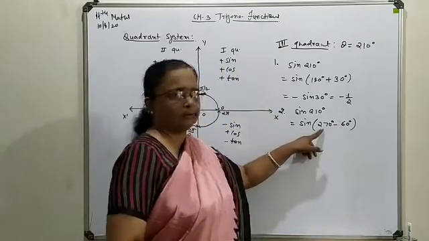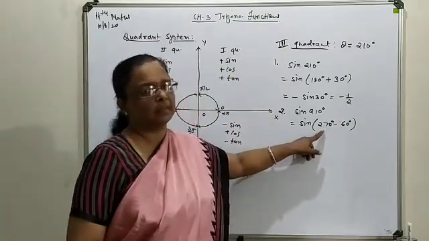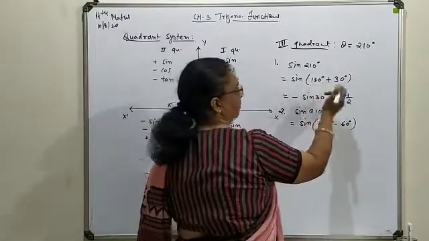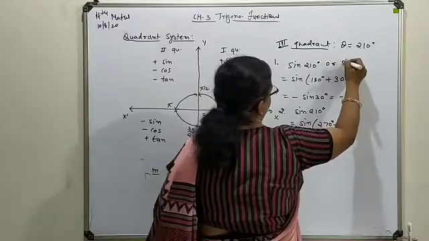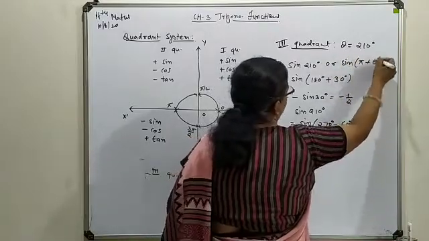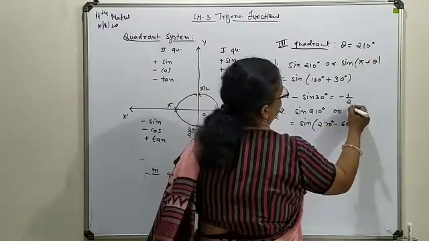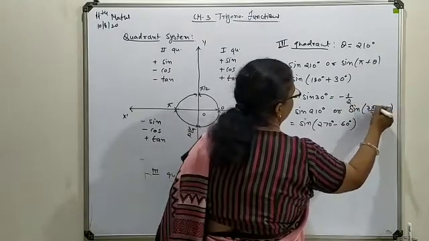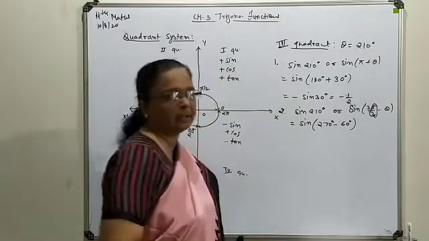As you are dealing with 3 pi by 2, it is a multiple of 90. The other is also a multiple of 90, but normally it is written as sine pi plus theta form, and normally this is written as sine 3 pi by 2 minus theta form. That's why it is called a multiple of pi by 2.